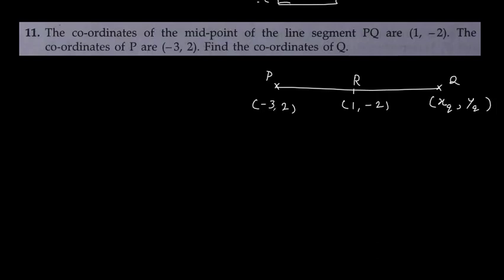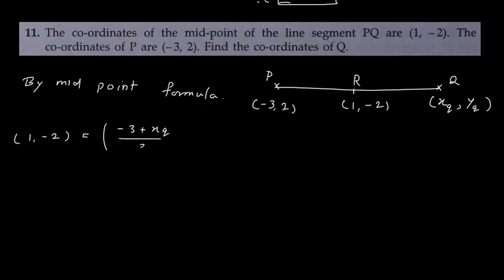Now by midpoint formula, you can say that (1, -2) is equal to ((-3 plus xq) divided by 2, (2 plus y2) divided by 2).